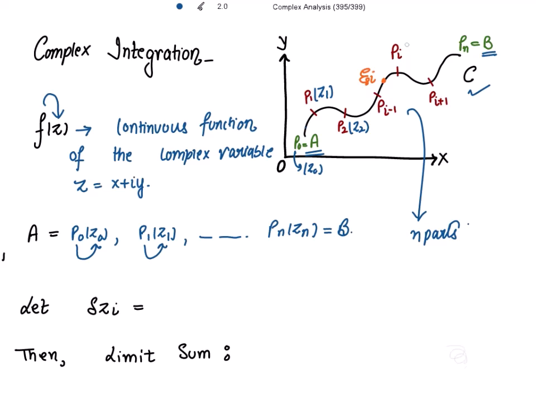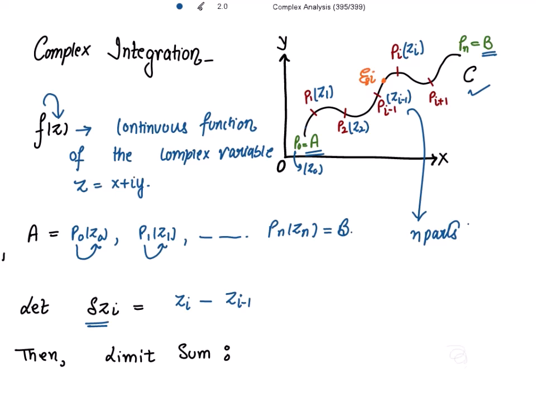Now suppose Pi represents the point Zi, and Pi minus 1 represents the point Zi minus 1. Then delta Zi is the difference Zi minus Zi minus 1.